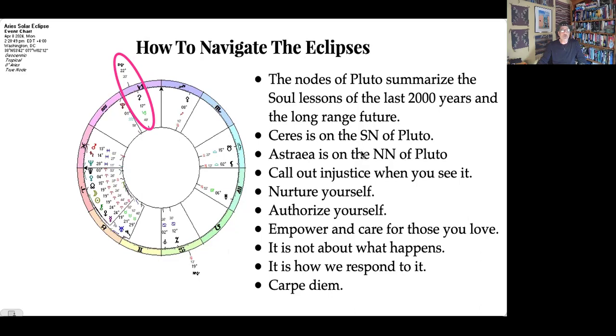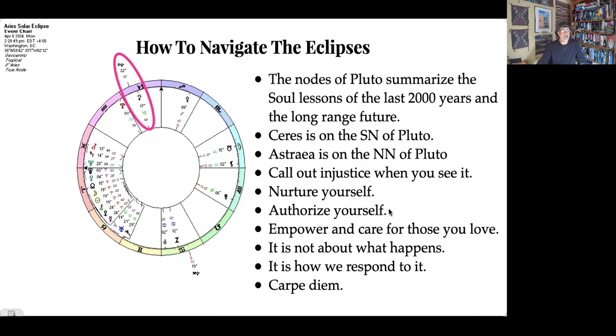So what we're looking at with Ceres on the south node of Pluto and Australia on the north node of Pluto is the need to call out justice when you see it. We need to nurture ourselves and authorize ourselves and empower and care for those we love, and really to love ourselves first and foremost. And it doesn't mean to be egotistical or full of yourself.